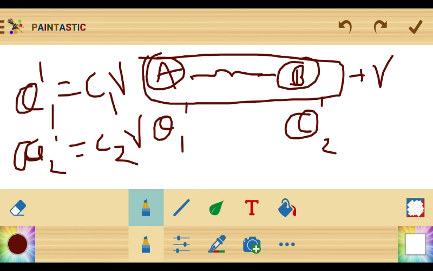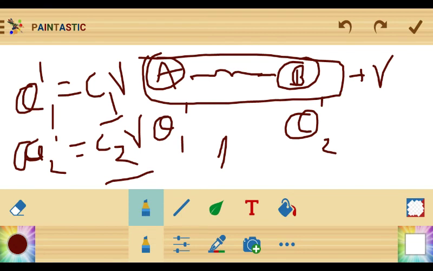So you can put the value of V also here. The V value is C1 V1 plus C2 V2 upon C1 plus C2.